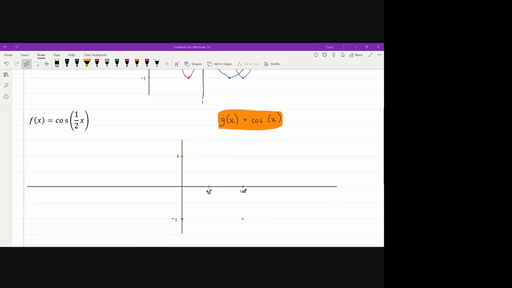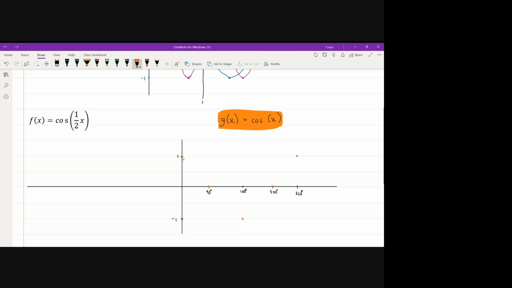Everything's fine. Then cos of 270 and cos of 360. Cos of 270 is equal to 0 again, and cos of 360 is 1 again.